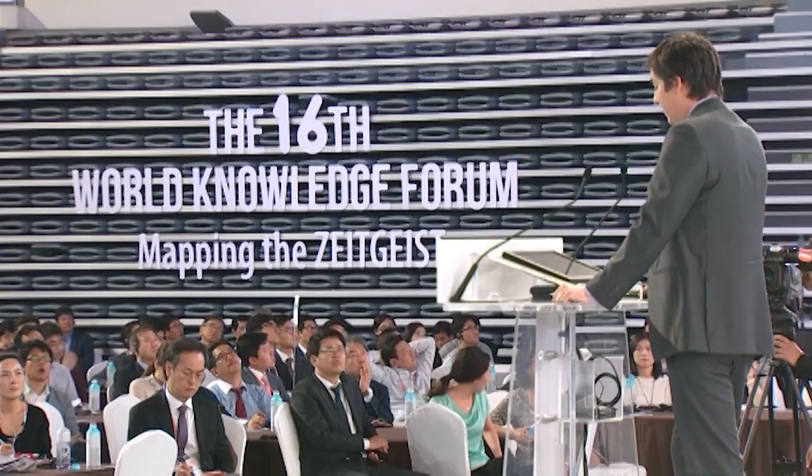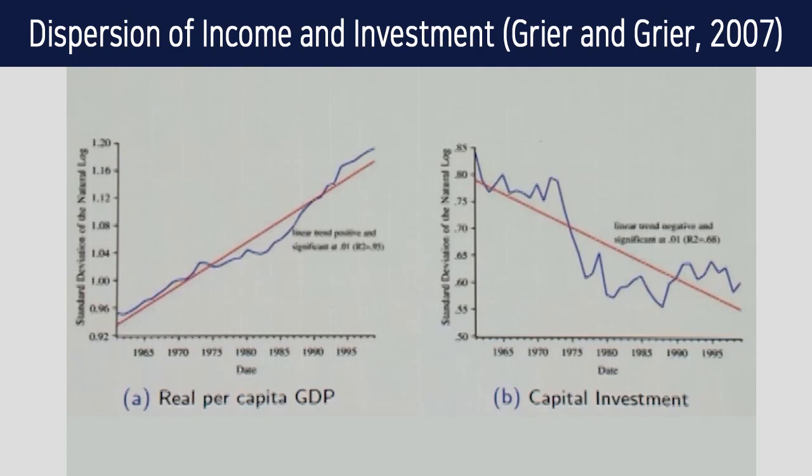Okay, so let's look at this argument. This is from a recent paper by Kevin Greer and Robin Greer in 2007. On the left figure, what you see is a statistic over time. For one year, they take the level of real per capita GDP in every country, and then calculate a statistic called the standard deviation.